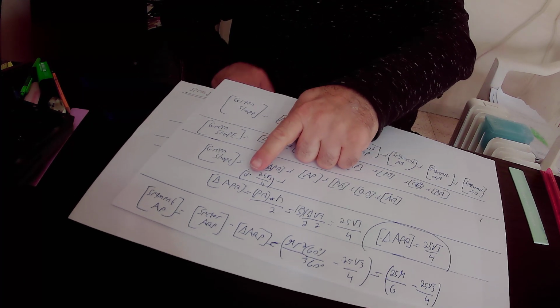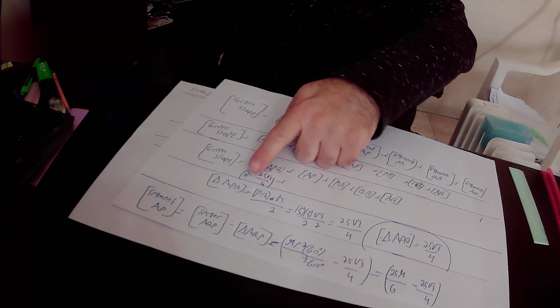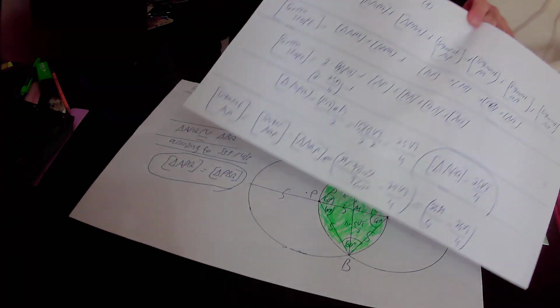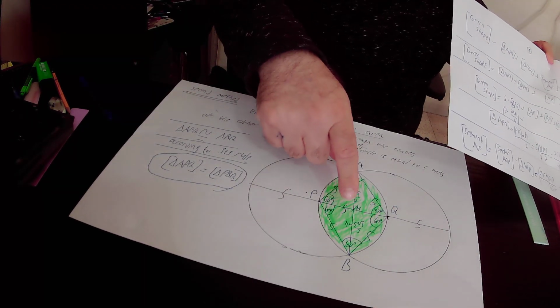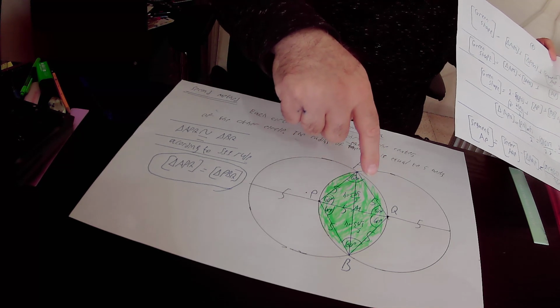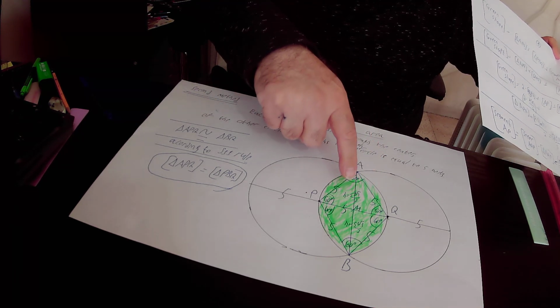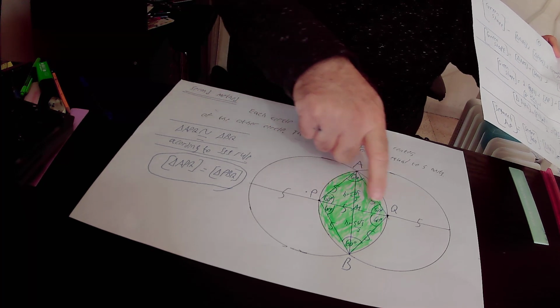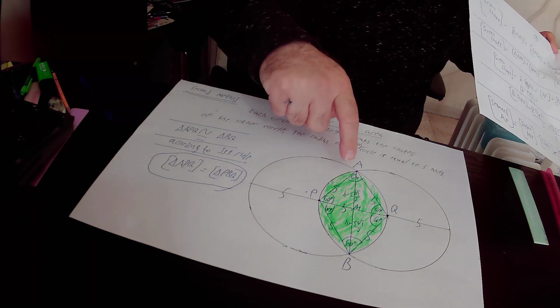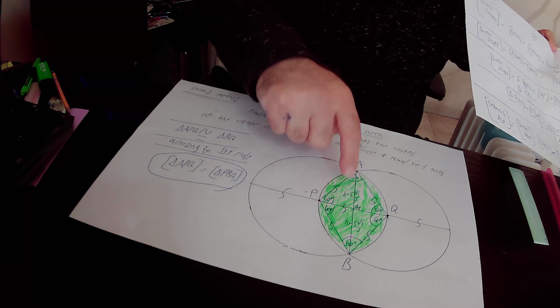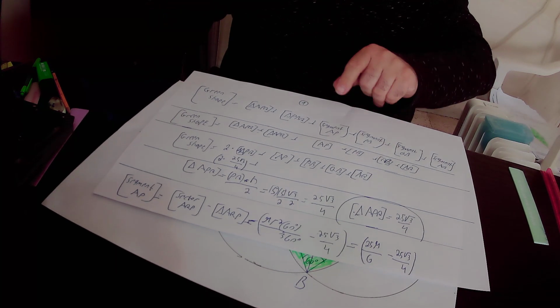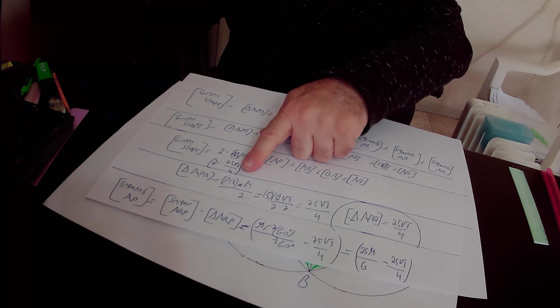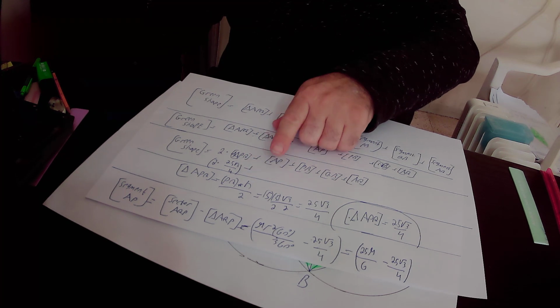Here we did the calculation for the area of triangle APQ. The area of triangle APQ equals the base of the triangle, that is PQ, times the height, that is AM, over 2. Again, the base PQ times the height H over 2.